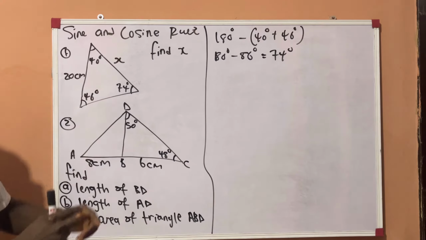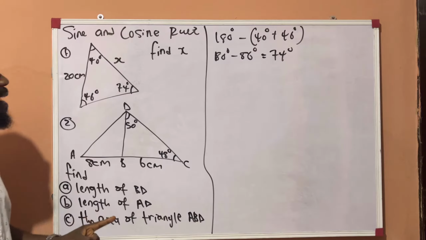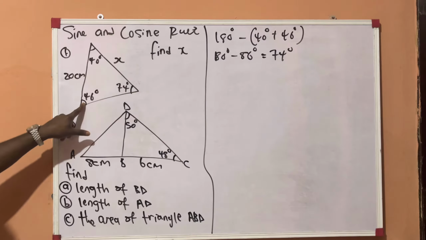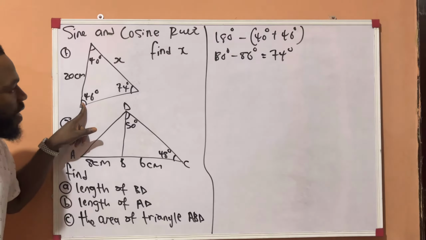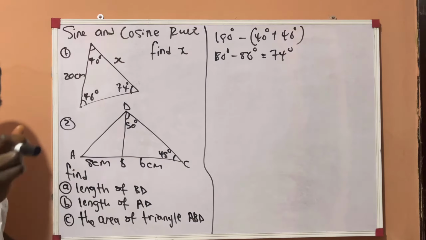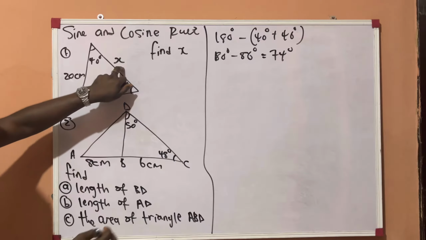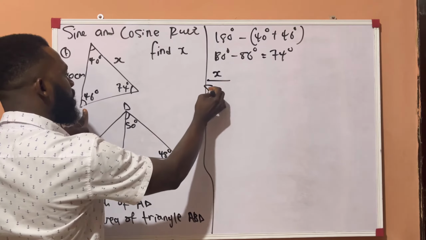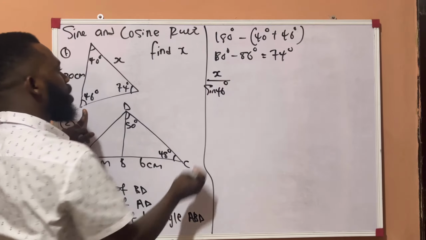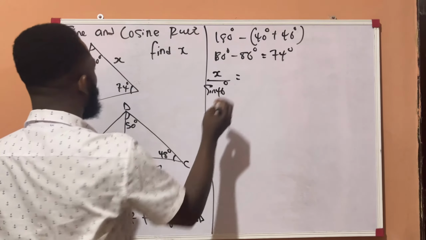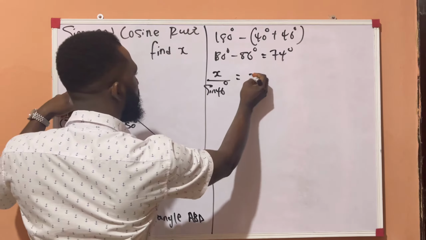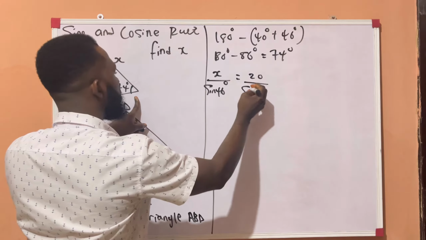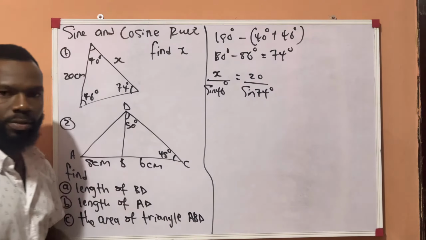Now that we have the angle facing the given side, we can find the value of x by applying sine rule, which says the side over the sine of the angle facing it is equal to the other side over the sine of the angle facing it. So we have x over sine 46 degrees equal to 20 over sine 74 degrees.